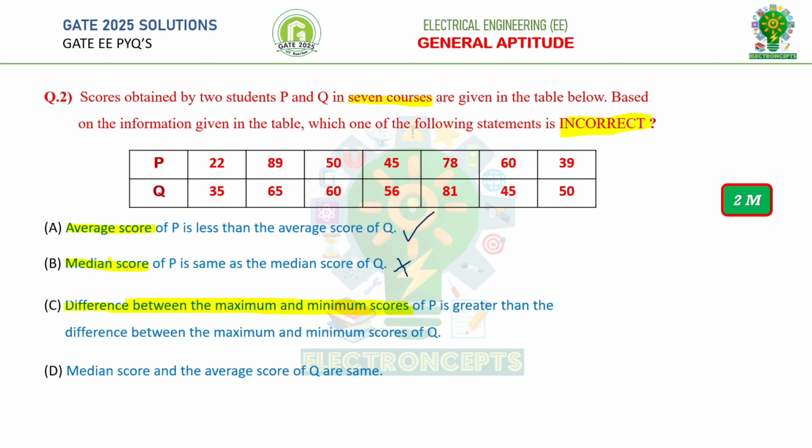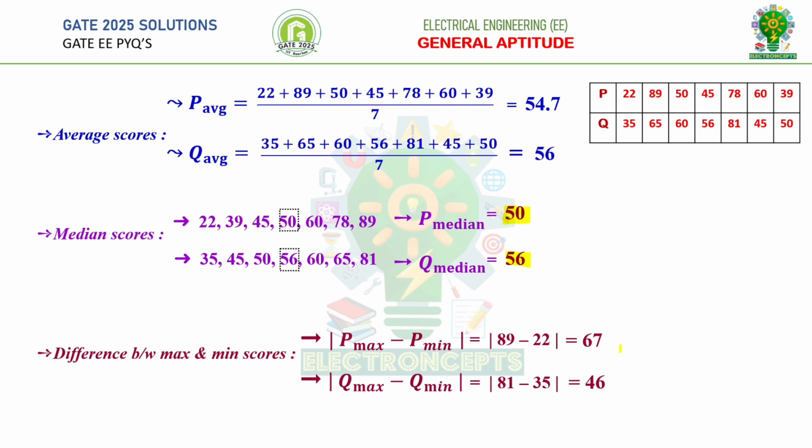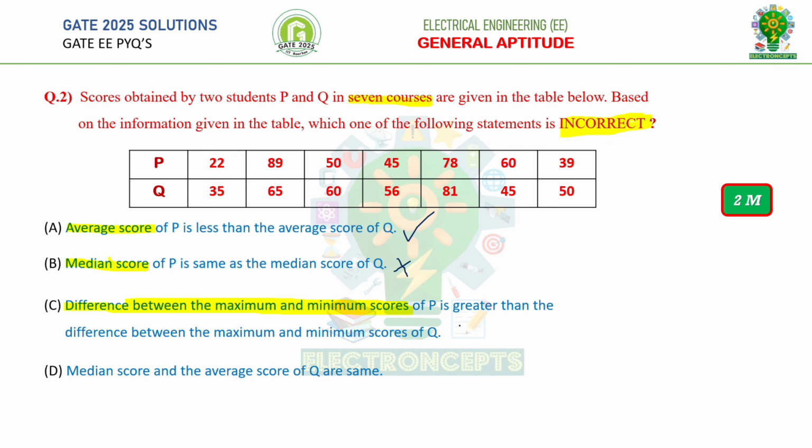Now let's verify the third option. The difference between maximum and minimum scores of P is greater than the difference between maximum and minimum scores of Q. If we observe the data, the difference between the maximum score and minimum score of P is equal to 67, which is greater than the difference between the maximum score and minimum score of Q, which is equal to 46. Therefore, the statement is also correct.